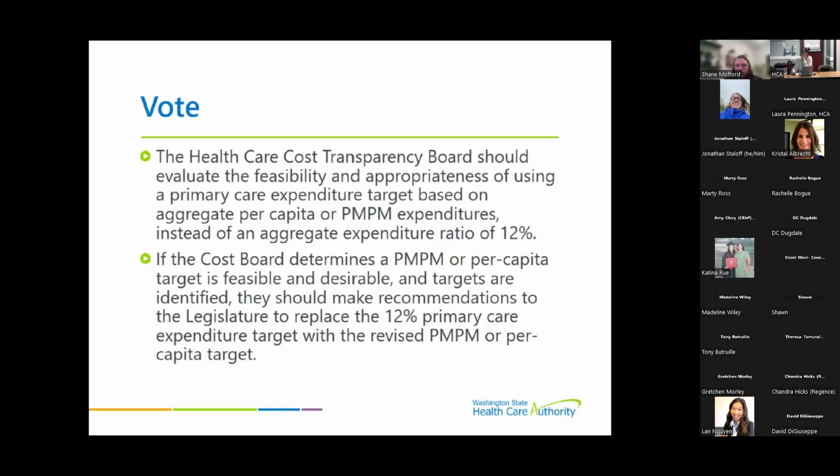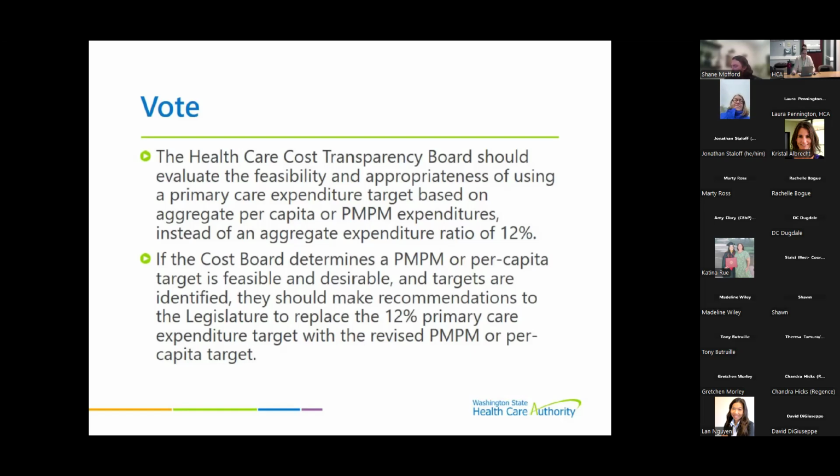Shane, I appreciate the question. I'll just tell you some of my initial thoughts. I think both the percentage and the PMPM have their imperfections. I think they both need to have an anchor point where the baseline and the out year are measured on the same terms.